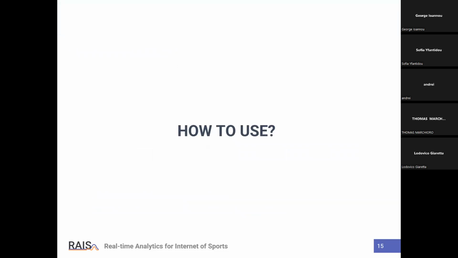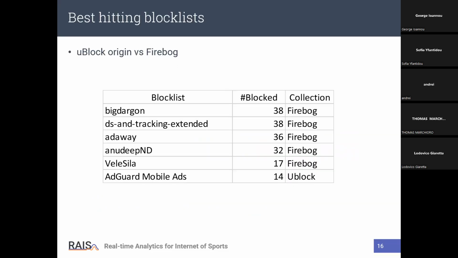All right, so we claim that our solution is easy to use for average users, while the previous ones are not. And how would one do that? Therefore, we used 2 big block list collections, again uBlock Origin and Fireblock, and we studied what are the quote-unquote best block lists available.